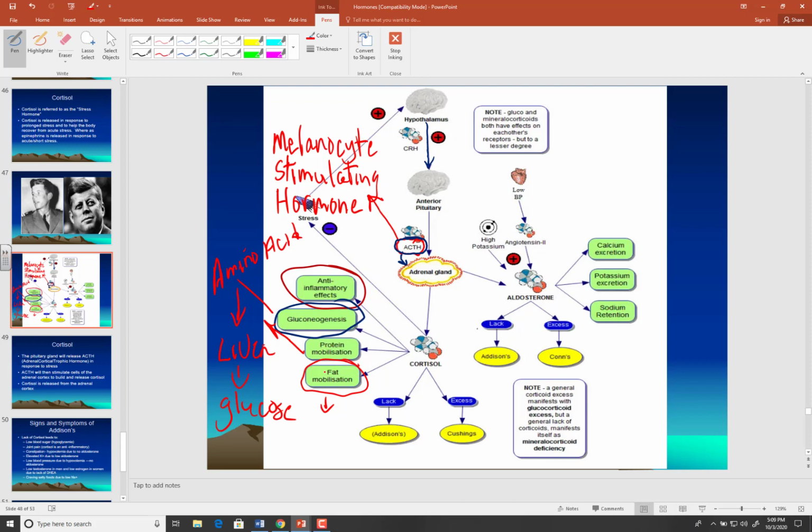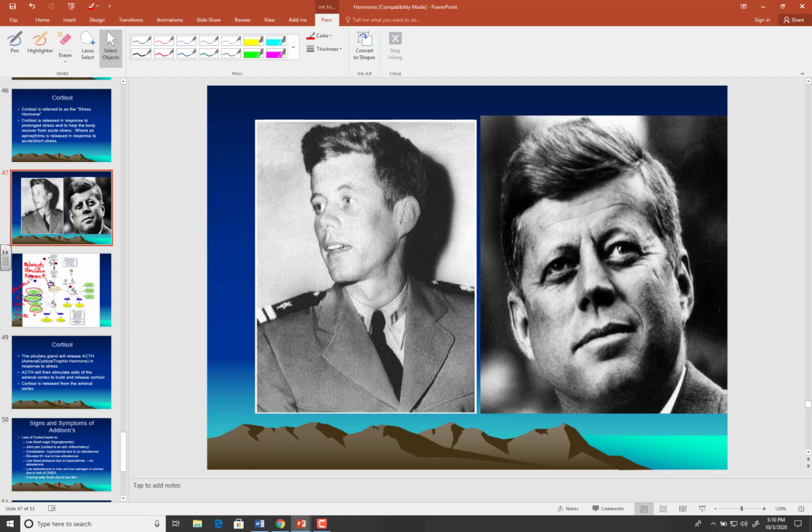So people with a lot of cortisol are going to get that buffalo hump. Now, with lack of cortisol, you're not going to be able to store fat as easily, and that's one of the reasons he was skinny.